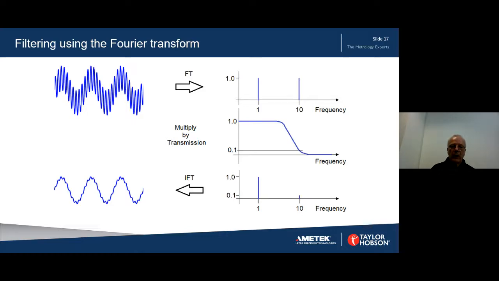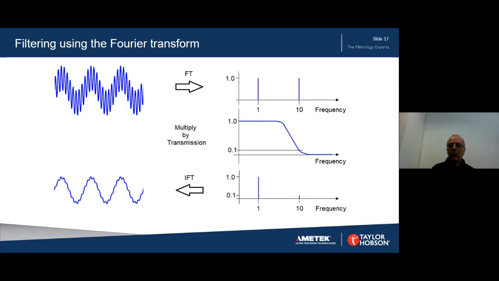At the top, we can see the frequency domain representation of the input data, which shows 2 waves of equal amplitude whose frequencies are at positions 1 and 10. In the middle, we can see some arbitrary filter transmission curve.